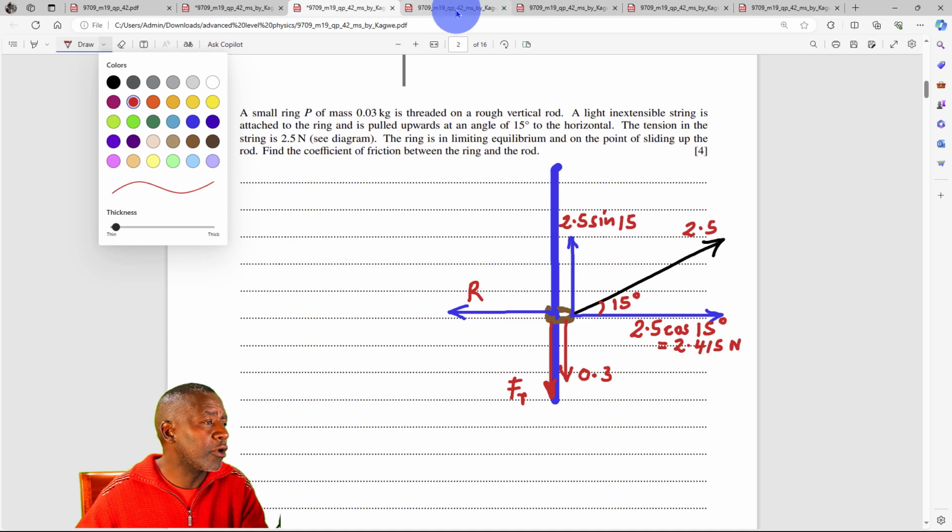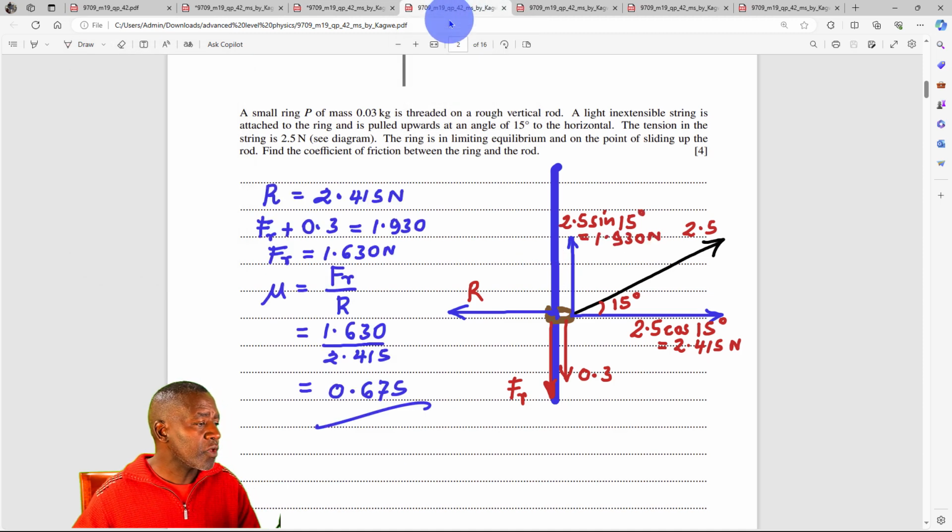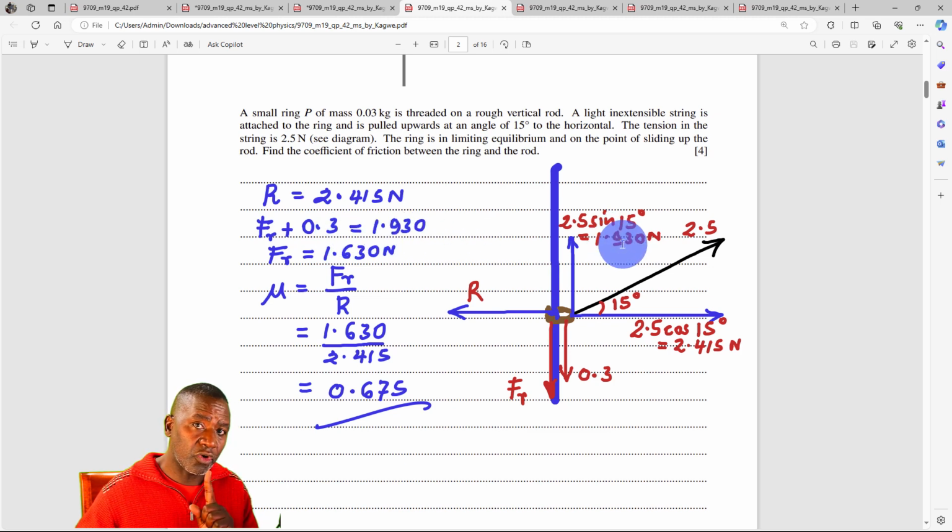And this is how I go ahead and combine the two. So this value, I already have it. It's 1.930 newtons. That is, 2.5 sine 15 gives me this value. And that directly tells me that the value of R is this much, 2.415 newtons. And then I can get friction force by equating the sum of downward forces, which is friction force plus the weight of the ring, is equal to the upward component, the vertical component of the tension in the string.